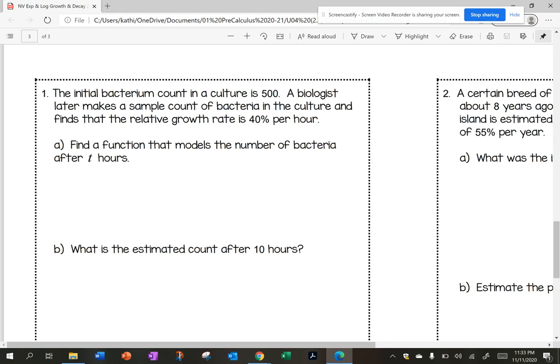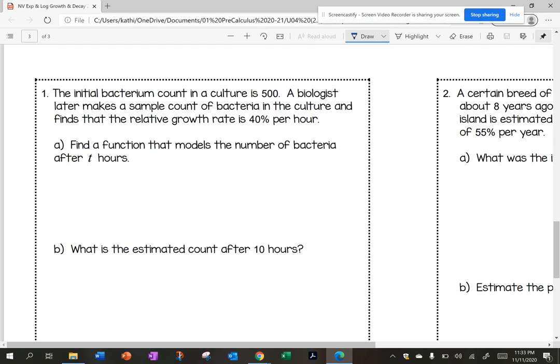All right, the initial bacterium count in a culture is 500. A biologist later makes a sample count of the bacteria in the culture and finds that the relative growth rate is 40% per hour. Find a function that models the number of bacteria after t hours.